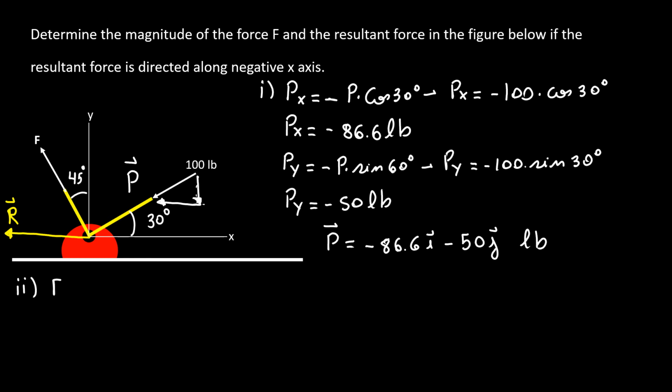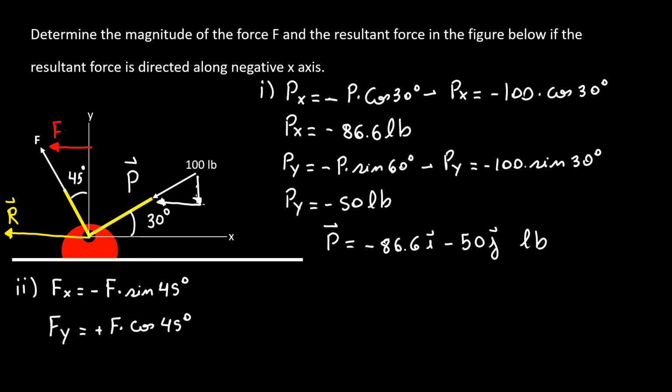Our Fx is equal to minus F times sine of 45, and my Fy is equal to plus F times cosine of 45, the same as our last exercise.